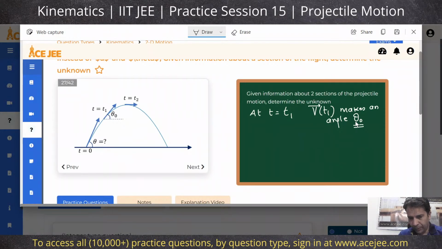And then it says at t equals t2, v at that time is along the horizontal direction.